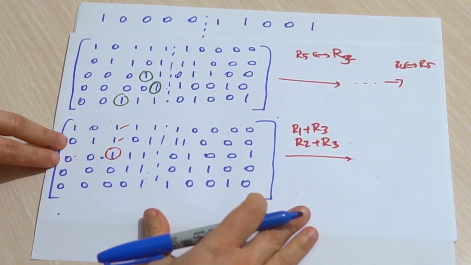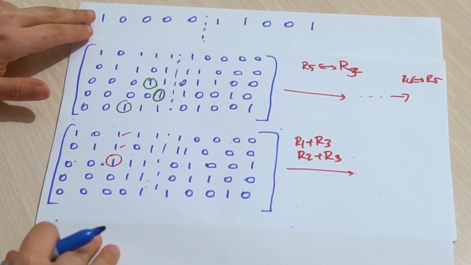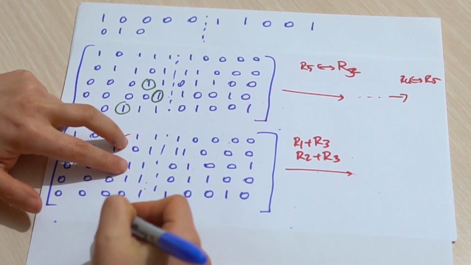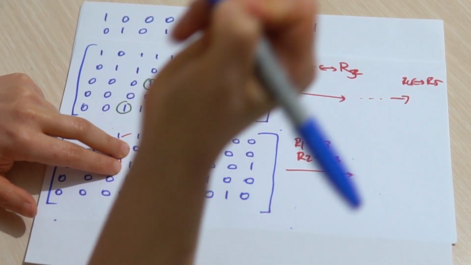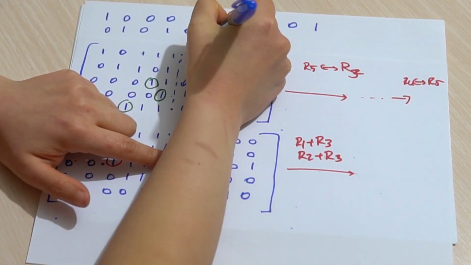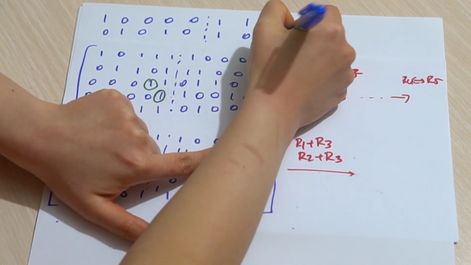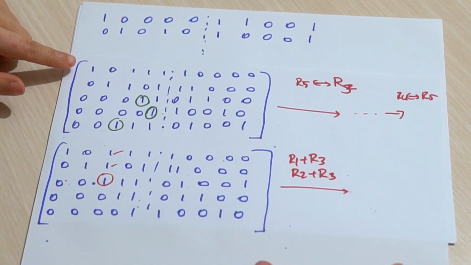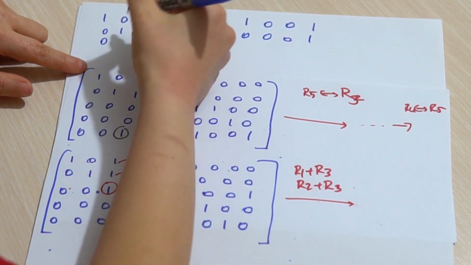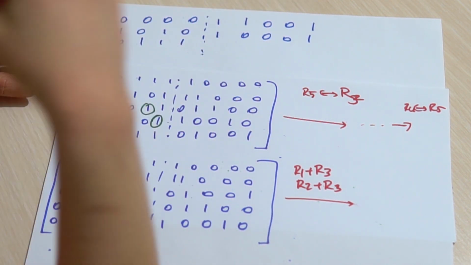Let's look at row 2 plus row 3. 0 1 0 1 0. This will become 0 1 0 0 0 1. I have this one, and I didn't change anything yet to row 4, row 3 and row 5.